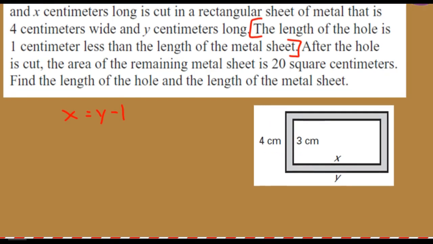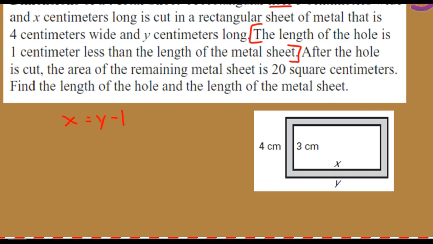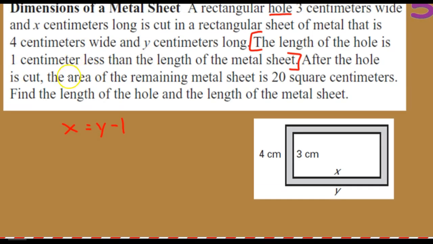So now we've got to come up with a second equation. We know that we're trying to find the area. So a rectangular hole 3 centimeters wide and x centimeters long. If we're trying to find the area of a rectangle, we would take 3 times x plus, we have to find the area of the whole thing.